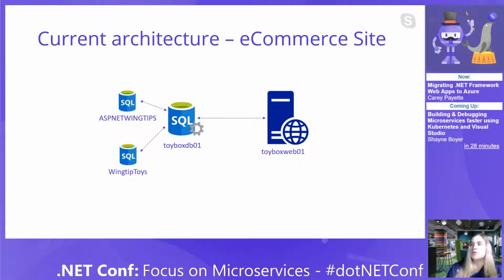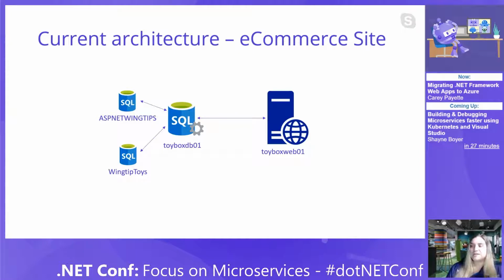So one of the most critical applications at Wingtip Toys is the e-commerce website application. This application was initially built about 17 years ago using C# and ASP.NET web forms. The crew has done a decent job of keeping the framework versions up to date, and currently it's sitting at .NET 4.5. The on-premise architecture is made up of a SQL Server 2017 database hosting two application databases.